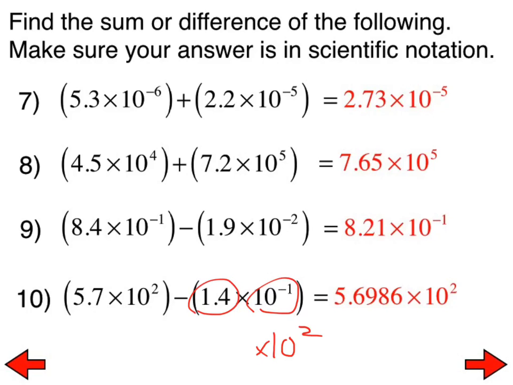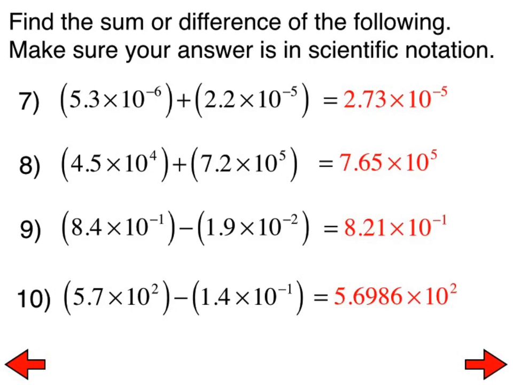So that means I need to basically move the decimal. I'm going to use this space up here 1, 2, 3 times. So that is 0.0014. So now I have like terms. And we are subtracting. So I'm pretty sure that that is correct. All right? Any questions about any of these four?